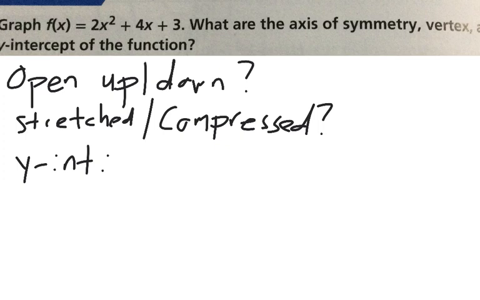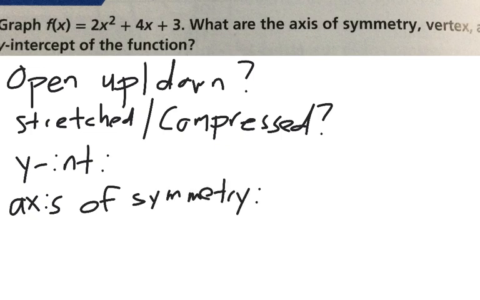That's where it crosses the y-axis. If a was 1, it wouldn't be stretched or compressed. It would be in its normal state. Opens up or down, stretched or compressed, where's the y-intercept? I'm also going to want to know what is the axis of symmetry. Where's the vertex? Those are all the things that we know how to do right now.